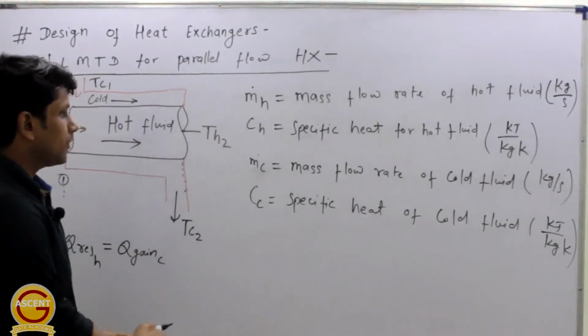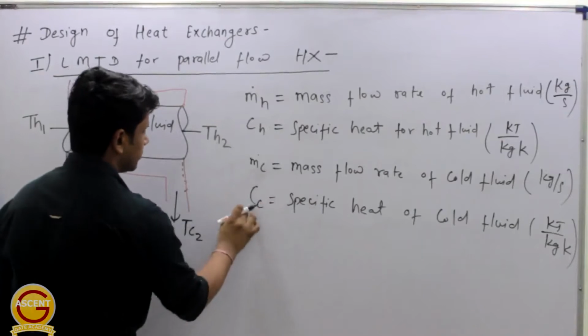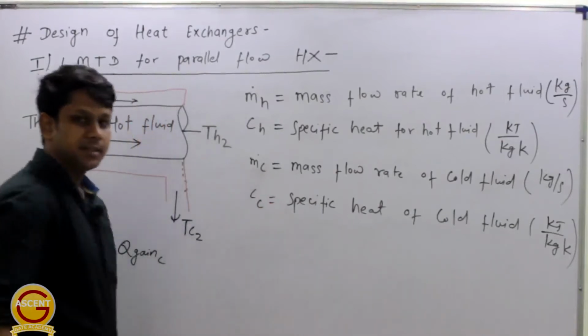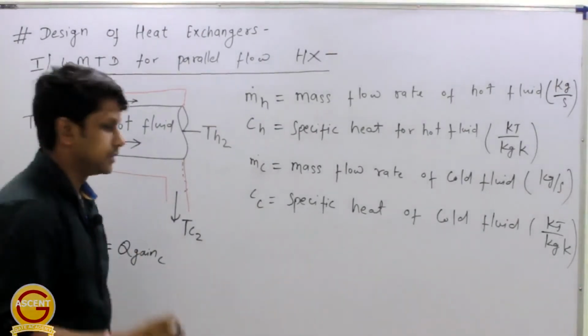Okay, now there is one more term. Let's say Cc and Ch are the small c. Then there is a term that you have learned in thermodynamics, heat capacity.